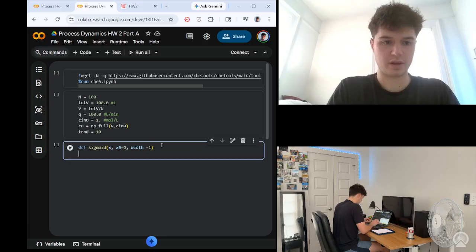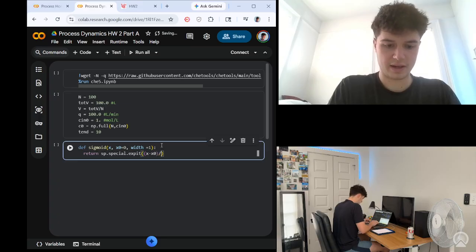Now, we are going to have to return a function, and this return function is actually going to be a logistic function, and for that it's going to be sp.special.expit, and then the equation we're going to use is x minus x naught divided by the width, which we already have set.